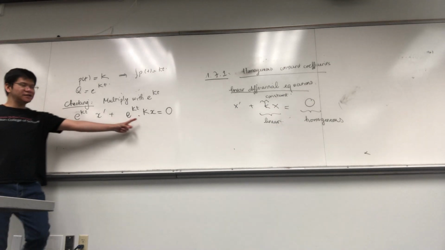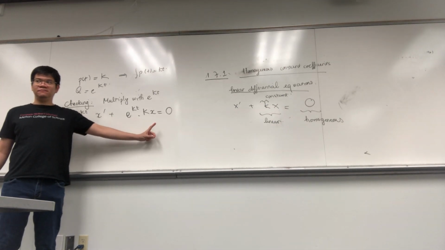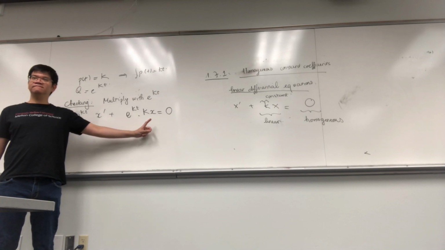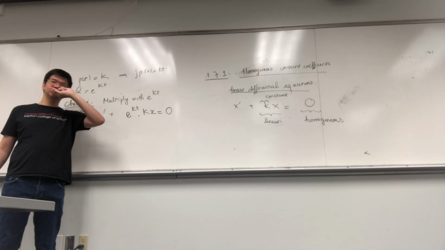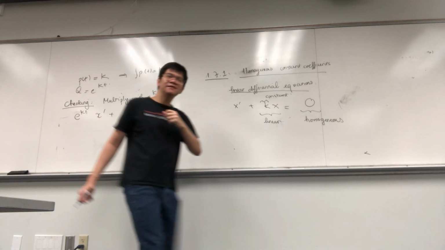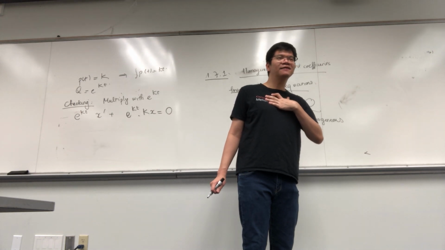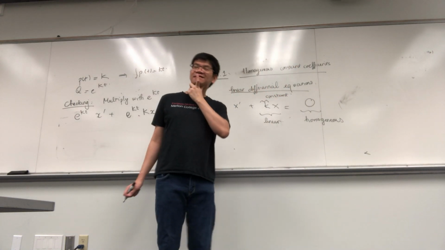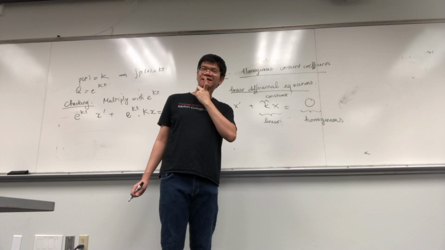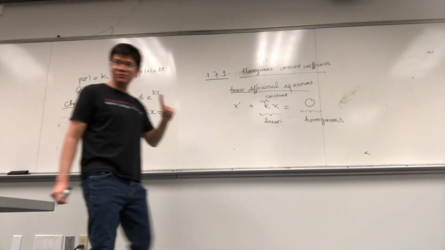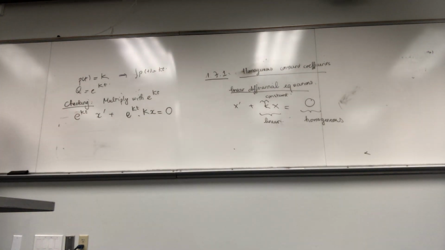So what is e to the kt times k? Any other answer? So what is e to the kt times k? This is the derivative of what? Yes? It's the derivative of e to the kt.